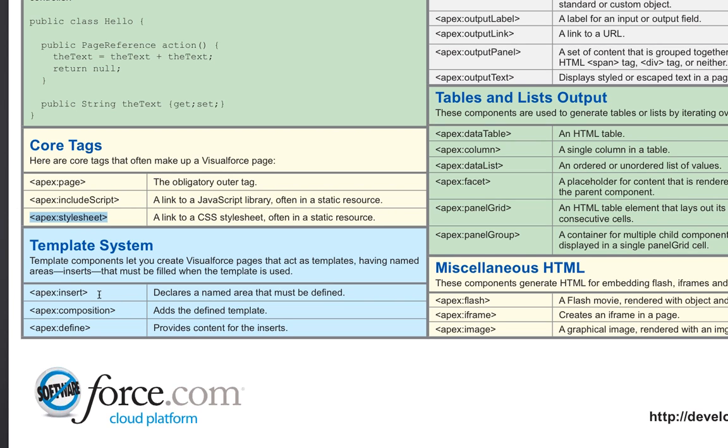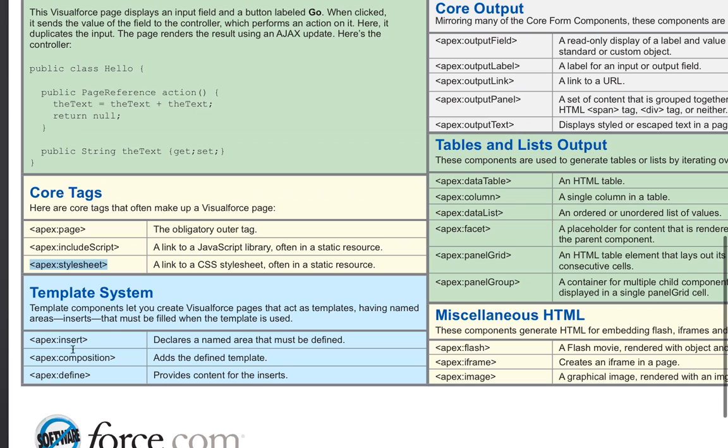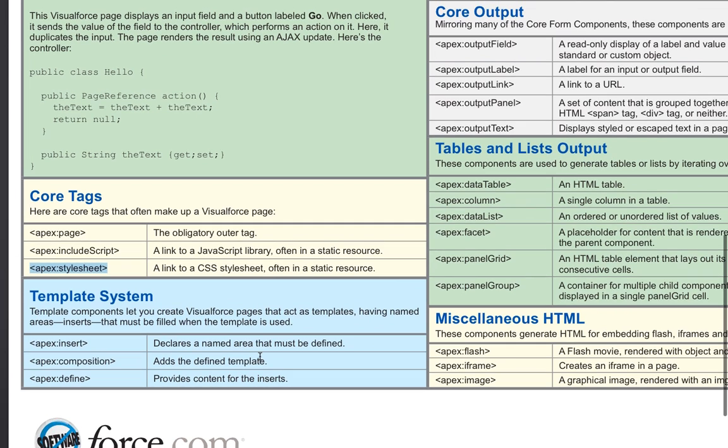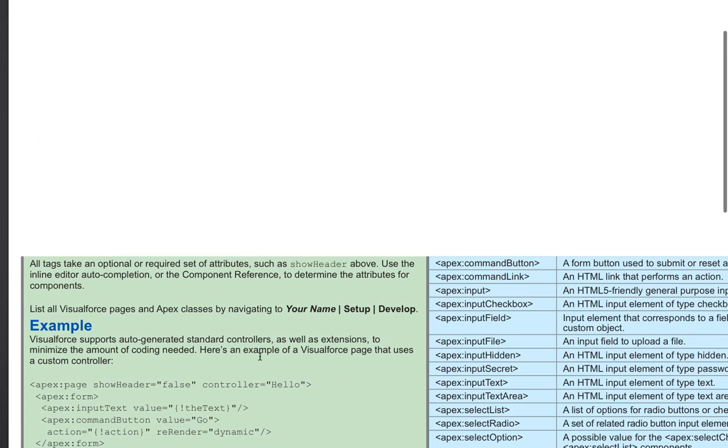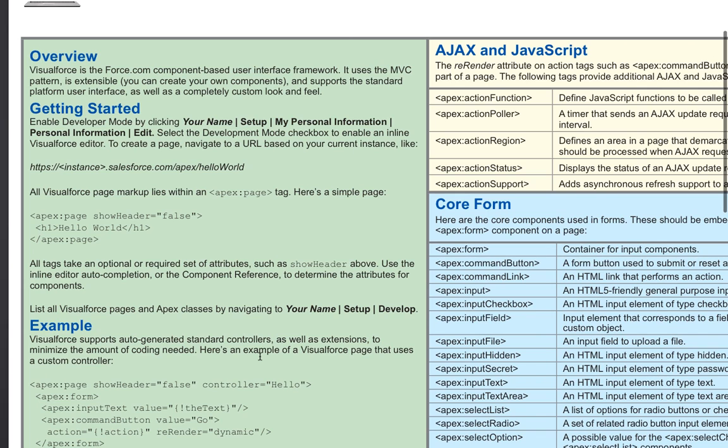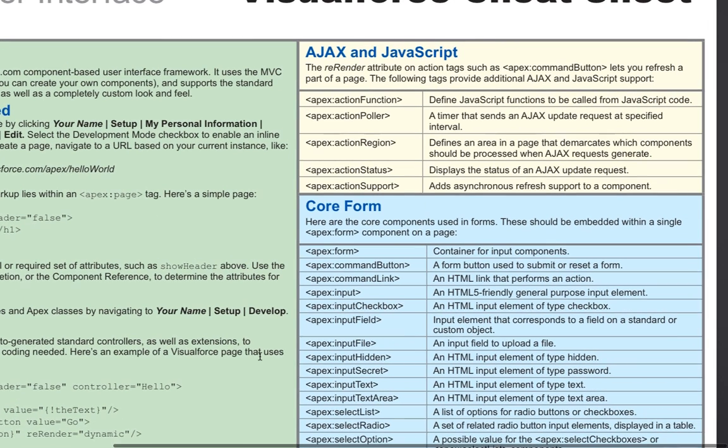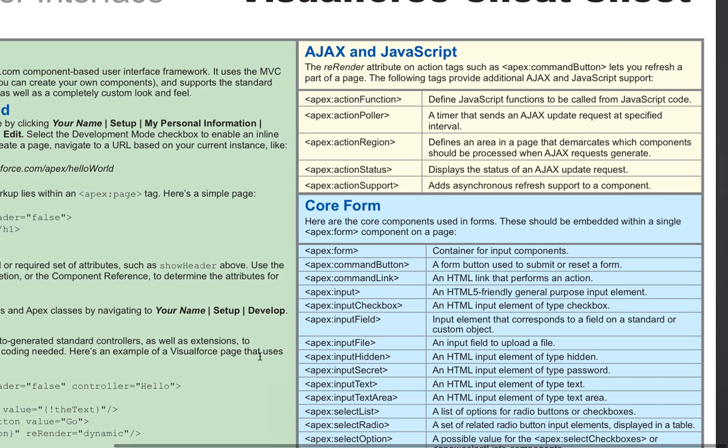Every HTML programmer has to know this. That's the basic. You can include the script with include script, and style sheets into the Salesforce VF page. You have to write all these include scripts inside the Apex page tag.